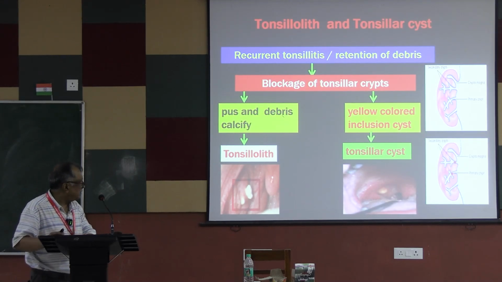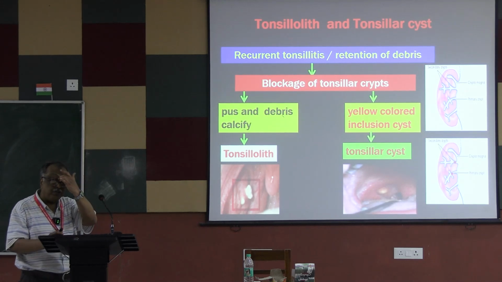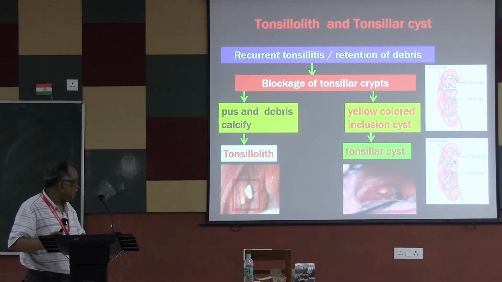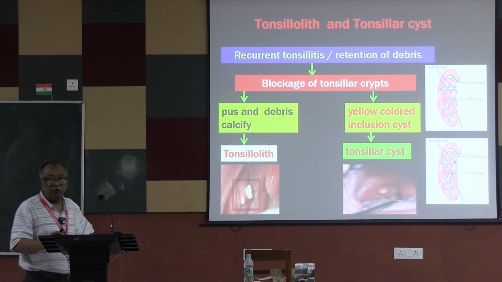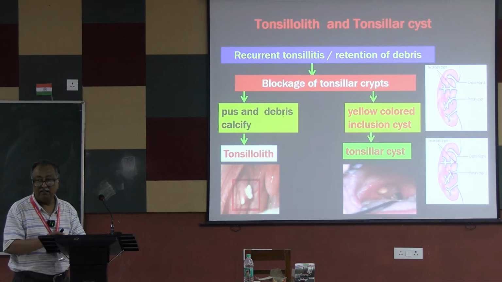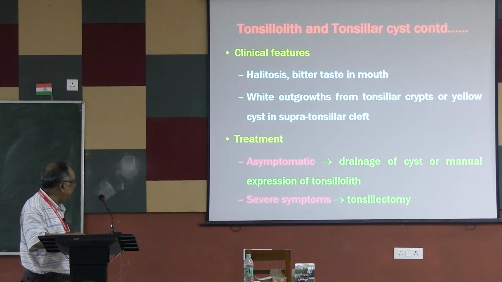If it doesn't produce any symptom, there is no need to excise it, but when it produces symptoms or your patient is very much nagging, then you have to excise the cyst. If you just give a nick, the material will come out and that will reduce it. Treatment is drainage of the cyst and tonsillectomy.